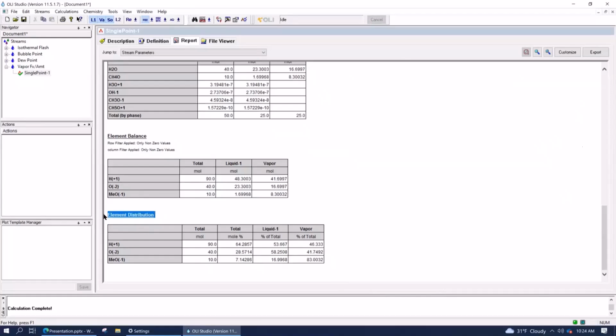What's interesting to me, at least, when I look at the methanol, is that I've got 10 moles of methanol in the system, 8.3 moles is in the vapor phase, 1.7 moles is in the liquid phase, or essentially 83% of the methanol has vaporized, compared to about 41% of the water. So we certainly see in this 50-50 liquid vapor mixture a concentrating of the methanol into the vapor phase.